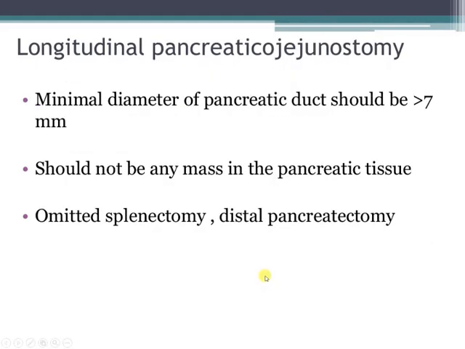The minimal diameter of the pancreatic duct should be more than 7 mm, there should not be any mass in the pancreatic tissue, omitting splenectomy and distal pancreatectomy.